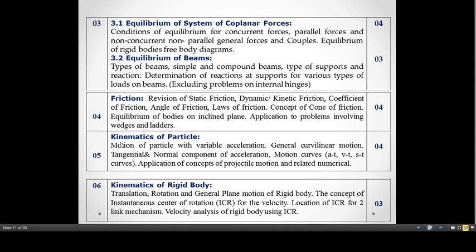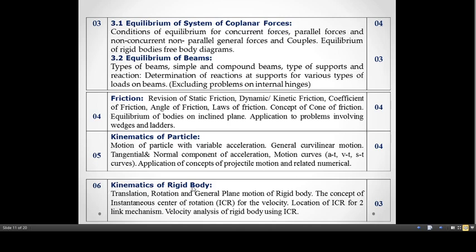In the next module, we'll cover these points: kinematics of particle, motion of a particle with variable acceleration, general curvilinear motion, tangential and normal components of acceleration, motion curves, that is a-t, v-t, s-t curves, application of concepts of projectile motion and related numericals.